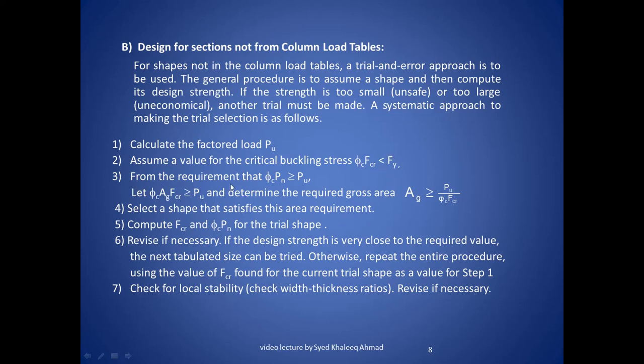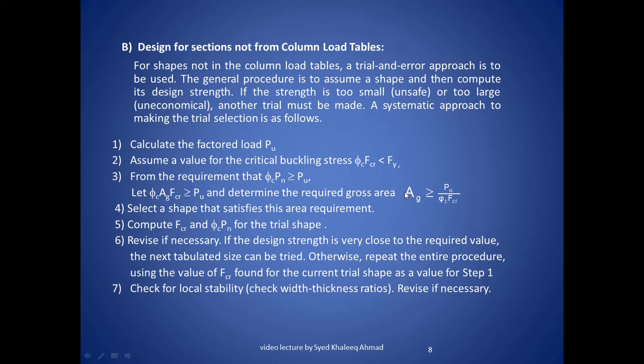From the requirement that phi c Pn is greater than Pu, so your design strength should be greater than or equal to Pu. Now you know that this value for Pn is nothing but gross area multiplied by the critical stress. So in place of Pn we can substitute here Ag times Fcr should be greater than Pu.